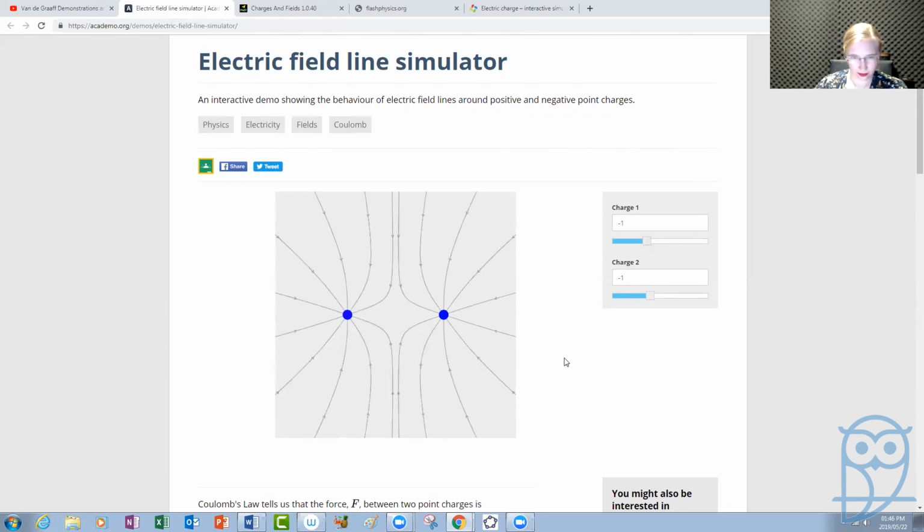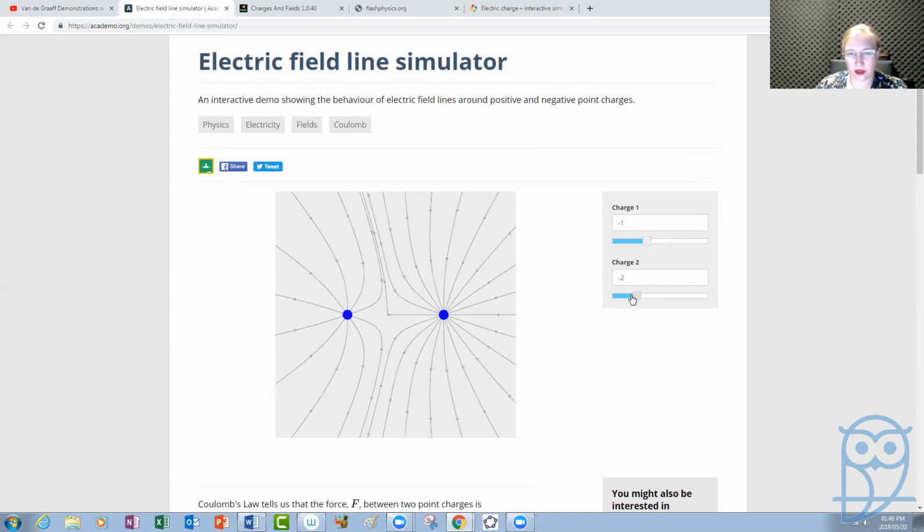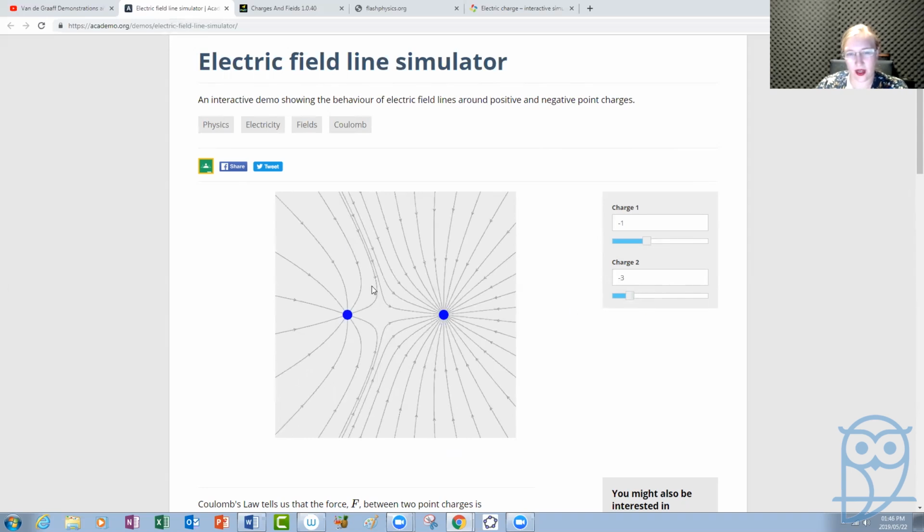Now, if we have 2 particles that have the same charge, then we end up with a situation where the field lines are not crossing and there is a gap in between. This is what that looks like when we've got 2 charges that are the same. If we make one stronger, then as you can see here, it would push the field lines away from the other one.